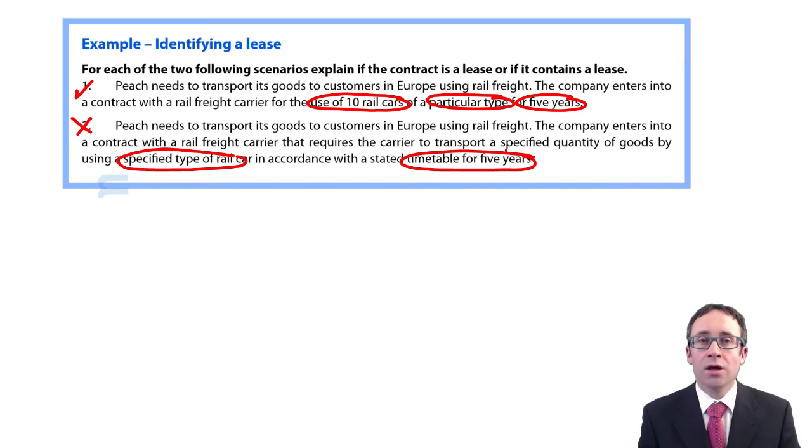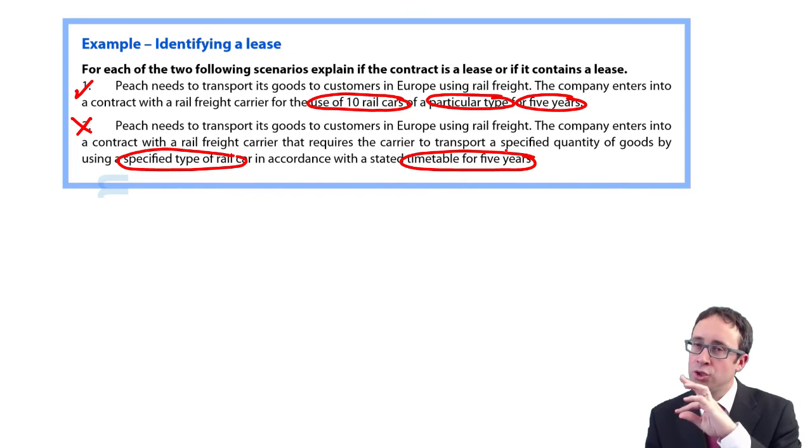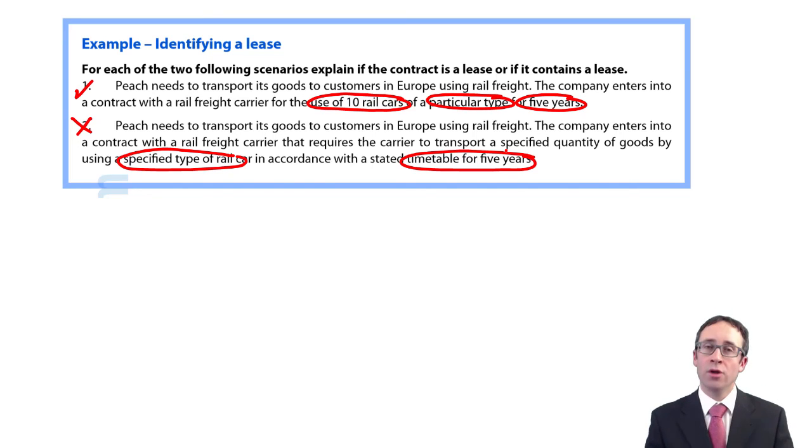So just do an internet search, illustrative examples, IFRS 16, and you will find the examples that we are talking about. You'll find that they are very similar in nature, but like here, each one has a subtle difference that means in one there's a lease and in the other there is not a lease.